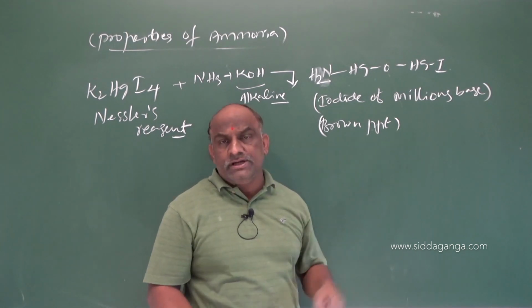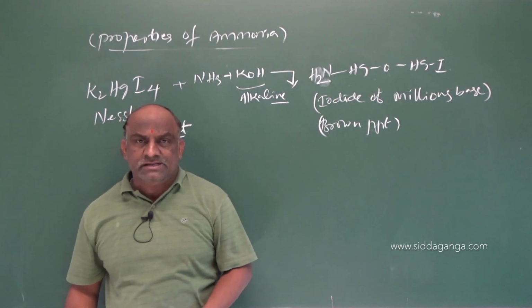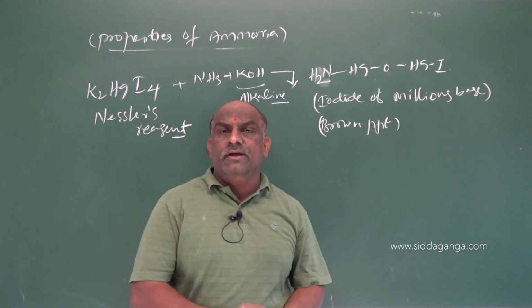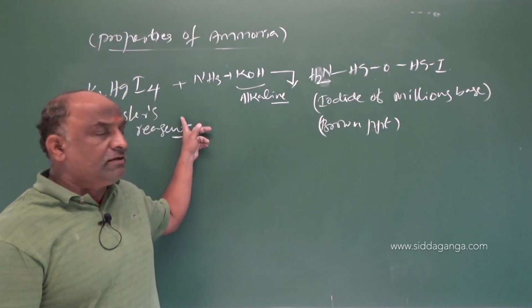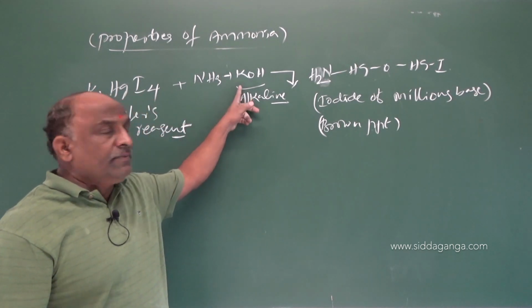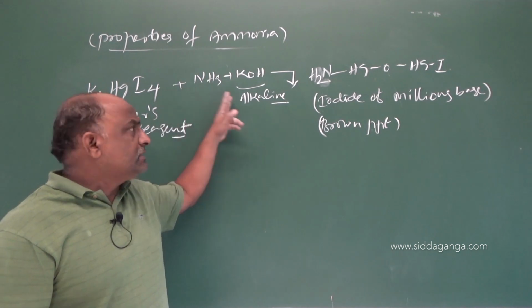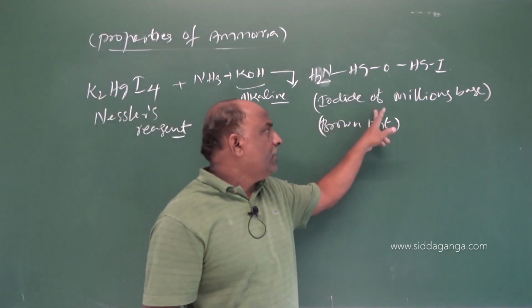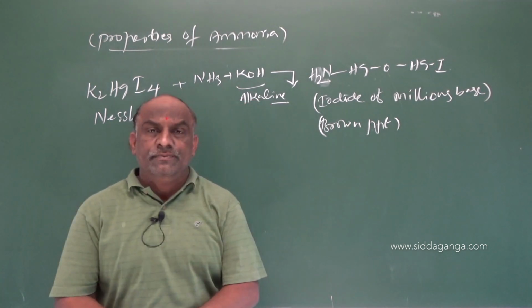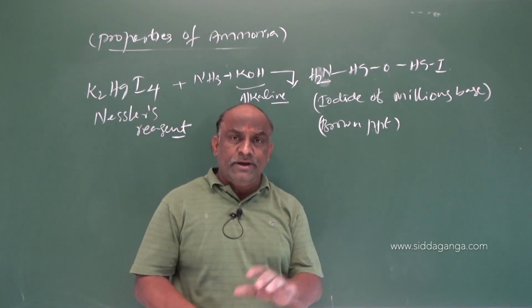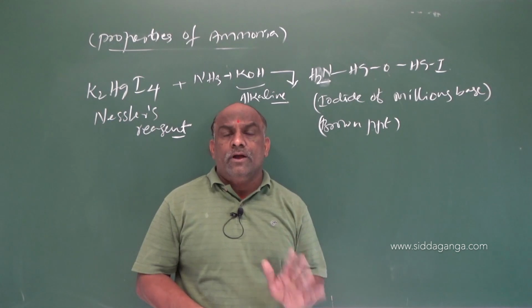And the previous test I mentioned is that copper salts dissolved in aqueous ammonia give a deep blue color, and ammonium salts react with alkaline Nessler's reagent to give the iodide of Millon's base, a brown color precipitation. So these are the confirmatory tests for ammonia.